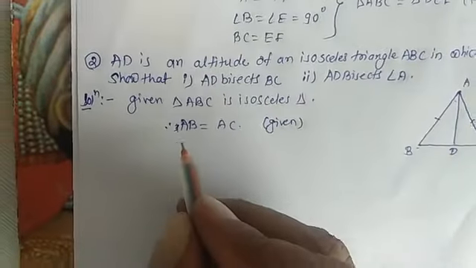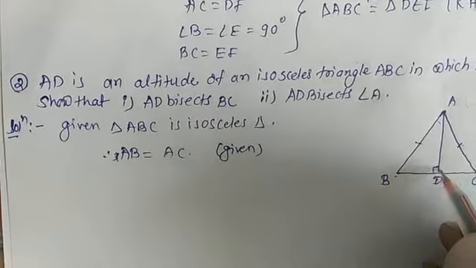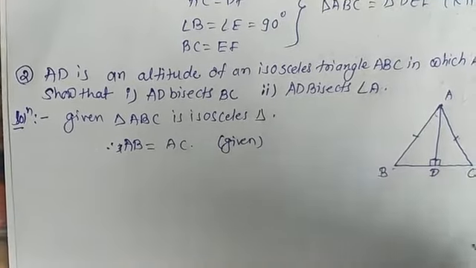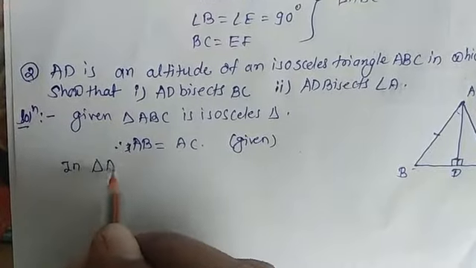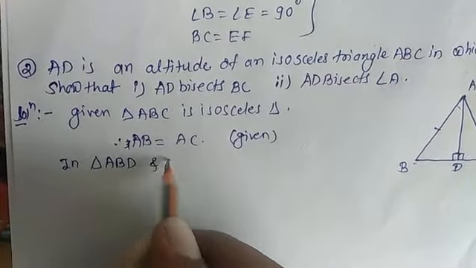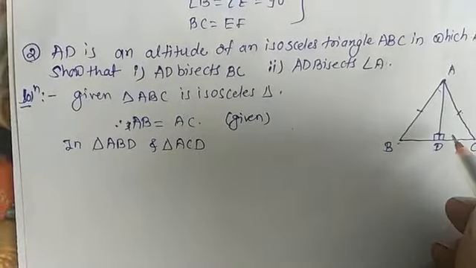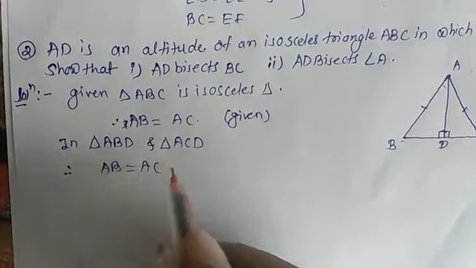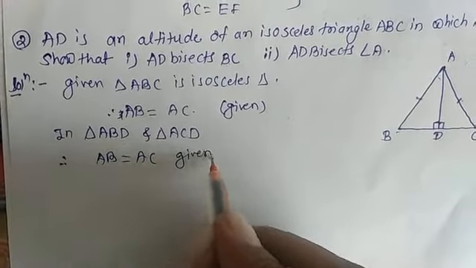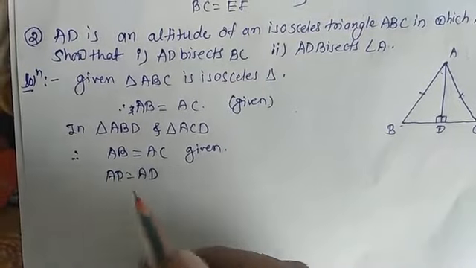And since AD is an altitude, it makes an angle of 90 degrees. Therefore, in triangle ABD and triangle ACD, we consider these two triangles. Here, AB is equal to AC, which is given. Next, AD is equal to AD, which is a common part.